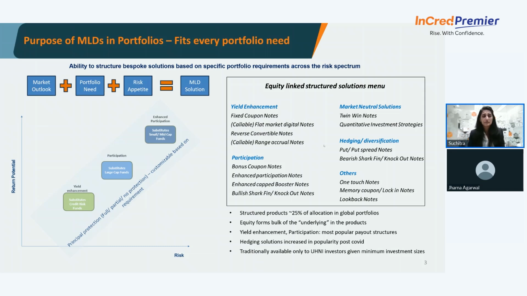Another example of a yield enhancement product, simpler than this, would be, let's say, a 2-year product. Every year, I look at the value of Nifty. So today, let's say Nifty is at, for the sake of example, 25,000. At the end of 1 year, I look at Nifty. If Nifty is anything above 25,000, even 25,001, I get a certain coupon.